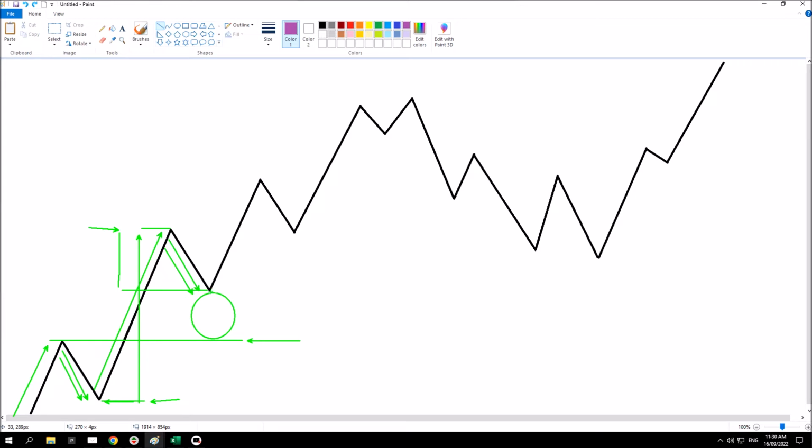If this pullback here came right back down closer to the lows, the market would be nowhere near as strong overall as if there's only a tiny little pullback in response. So you can use the depth and the duration of the pullback in response to a push higher as a guide to the underlying sentiment in the market.